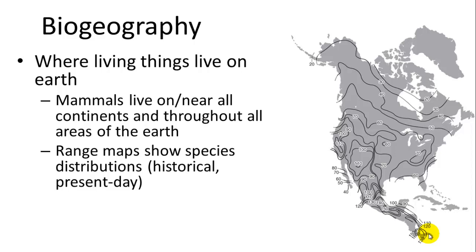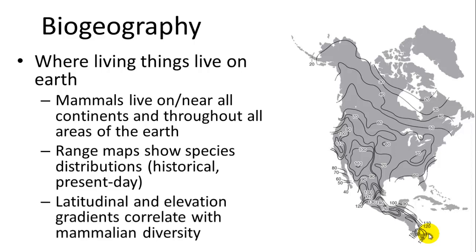When you look at mammals on the scale of the Earth, of our full biosphere, you find latitudinal and elevation gradients in biodiversity. The numbers on this map correspond with diversity; a higher number means more diverse. As you go more north or more south, you see a decrease in diversity.